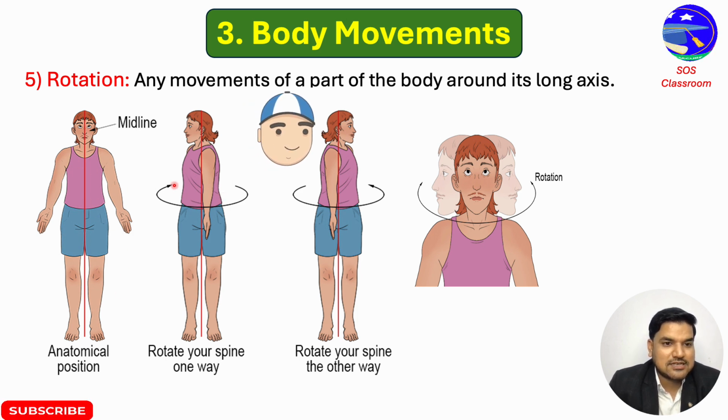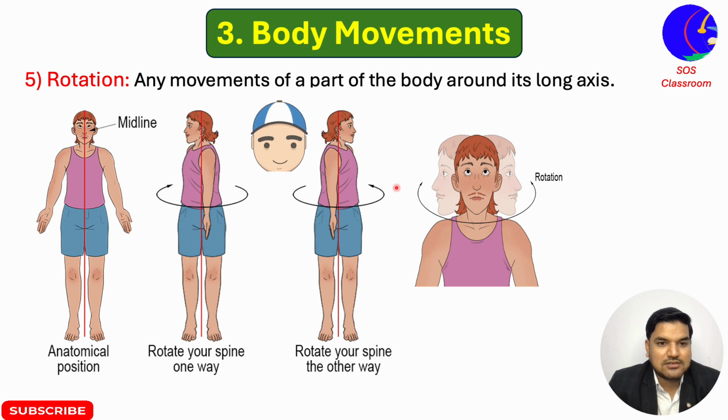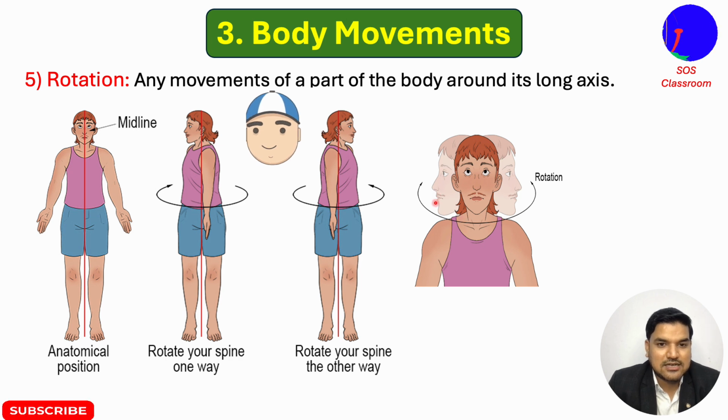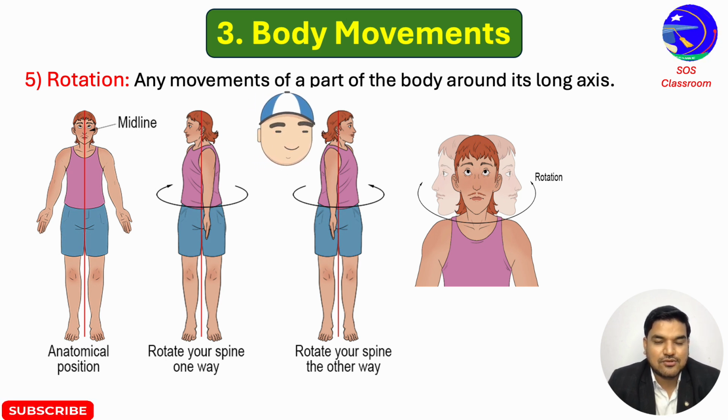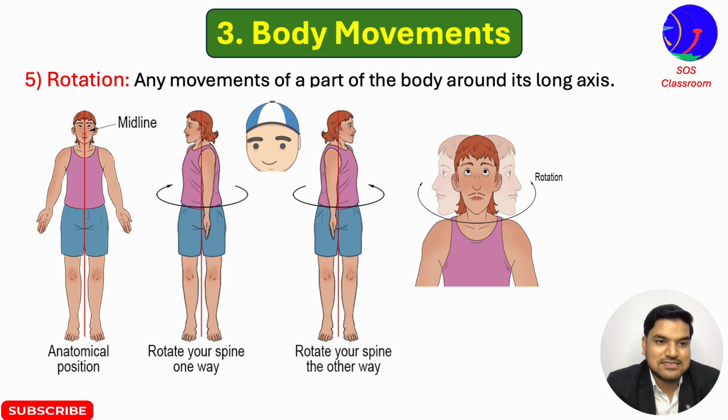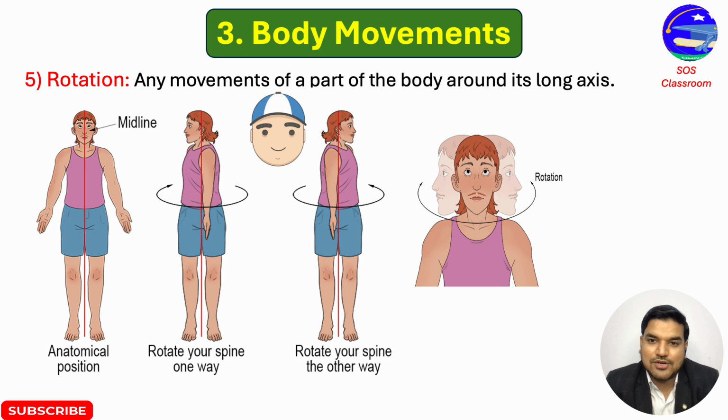You move to the right side, then again to the left side, rotating your hand or head. So this is called rotation: any movement of your body parts around its long axis or the midline of the body.